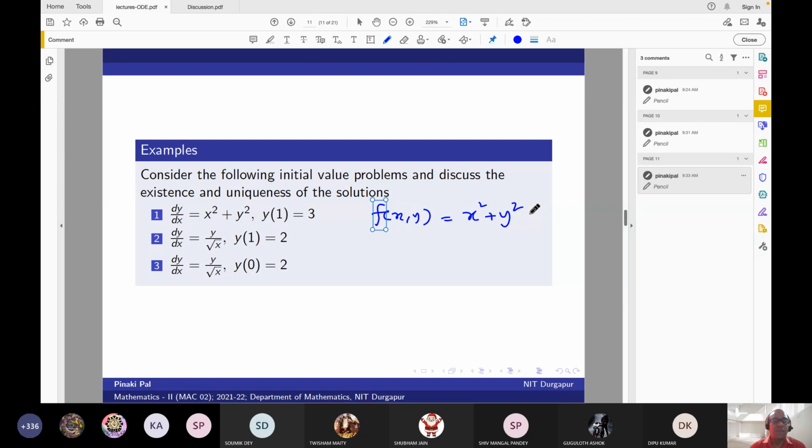You know the definition probably, how to check the continuity of a function of two variables. A function is called continuous at a point (a,b) if |f(x,y) − f(a,b)| is less than epsilon for a given epsilon, whenever (x,y) belongs to some appropriate neighborhood of (a,b), a delta neighborhood basically.